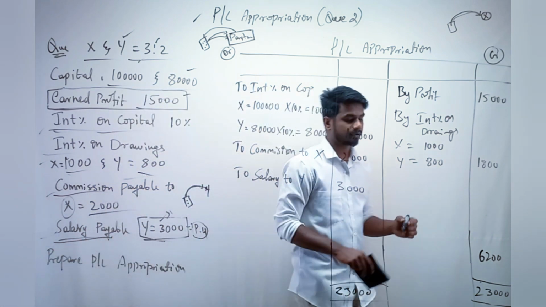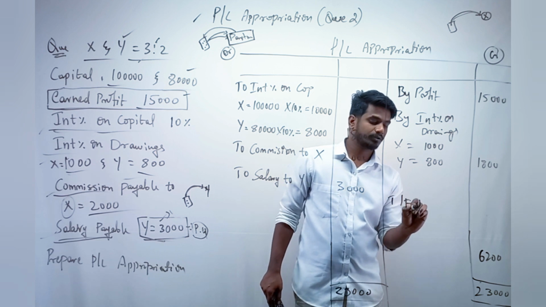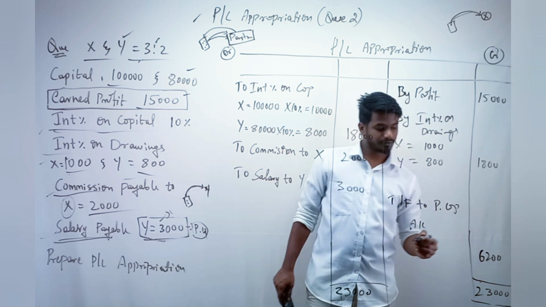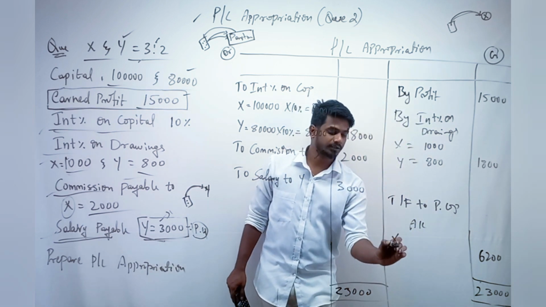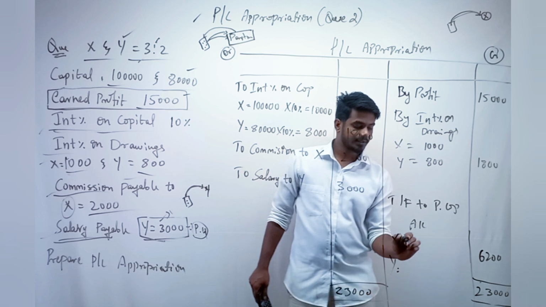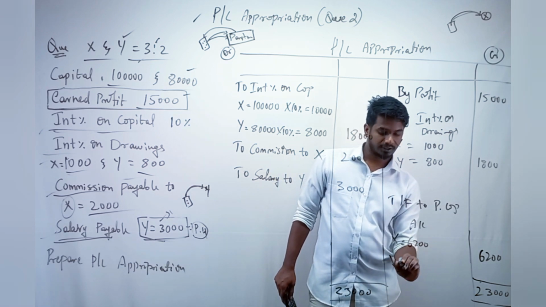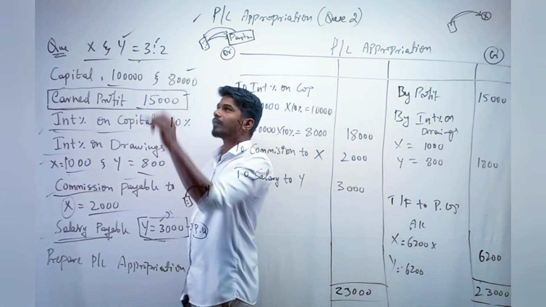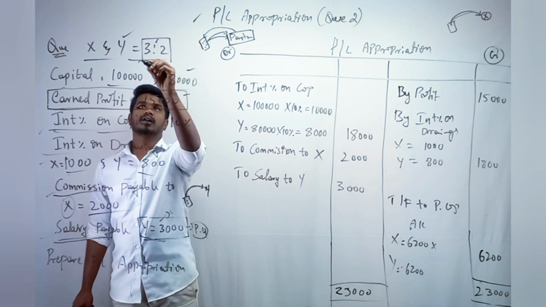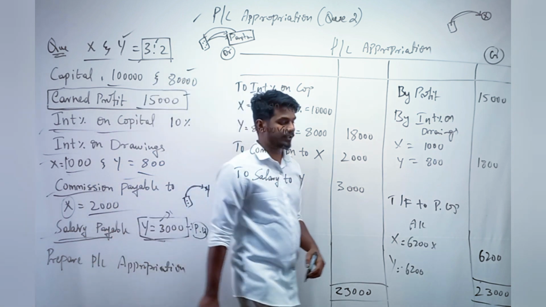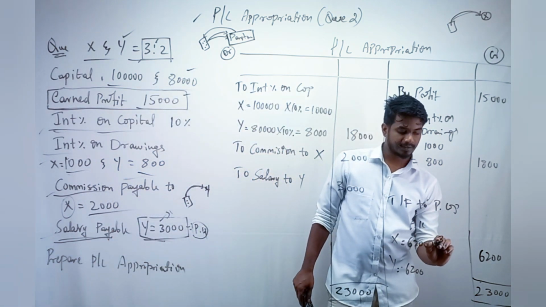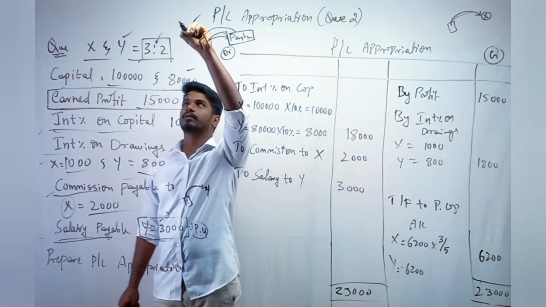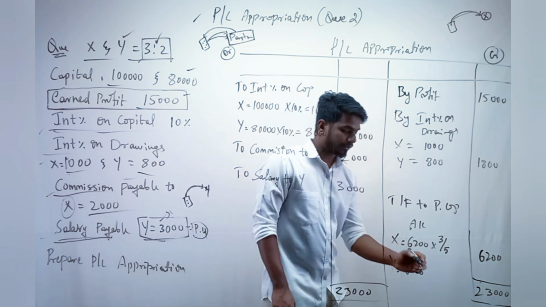So now we should share the loss among the partners. Transfer to partners' capital account. So how much will be transferred for Mr. X and Y? The loss is 6,200 into the share of profit and loss, which is 3:2, which means for X it is 3 divided by 5. Where did 5 come from? 3 plus 2.